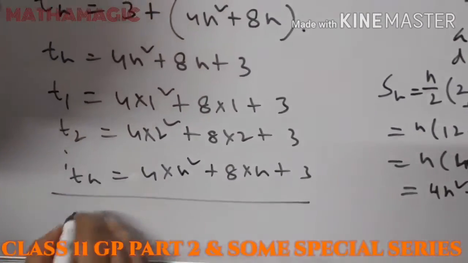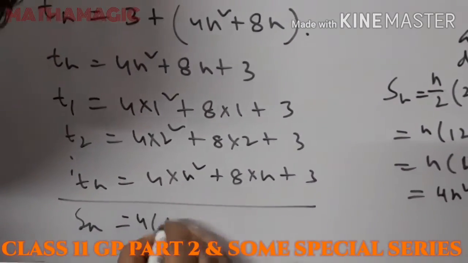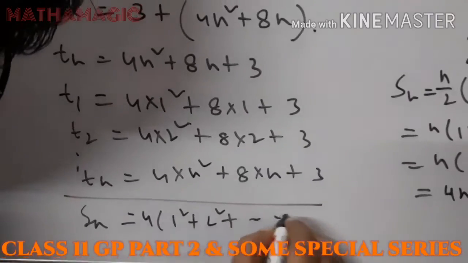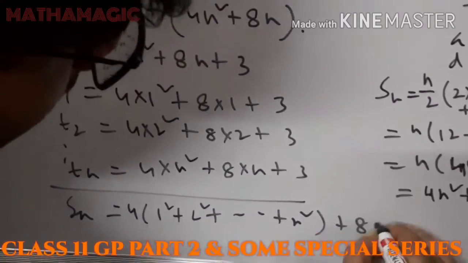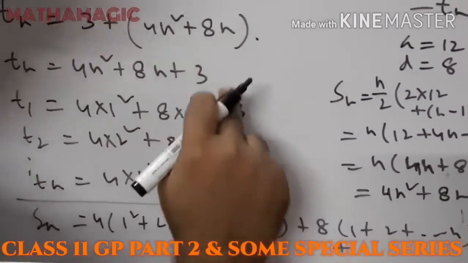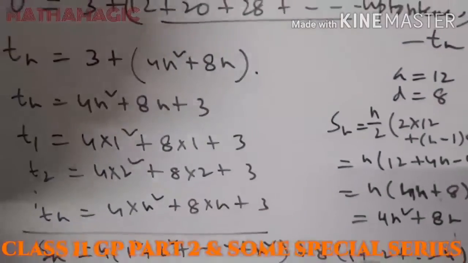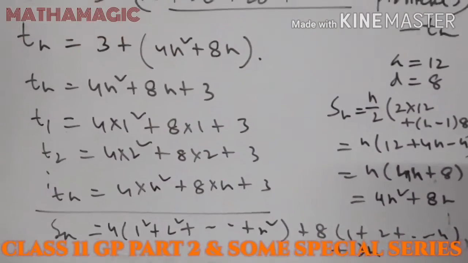If we add all this together, then we will get Sn equals 4 into 1 square plus 2 square plus up to n square, and 8 into 1 plus 2 plus up to n, and the number of 3s are n times, so it will be 3n. Now use the formula so that you can solve the problem.